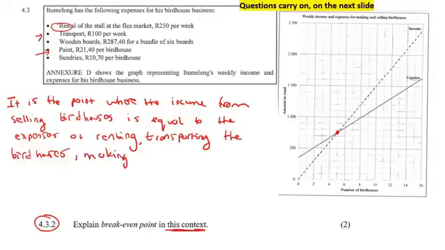That's where you have paint and wood. So it's the point where the income from selling the birdhouses is equal to the expenses of all the renting, transporting, and making the birdhouse.